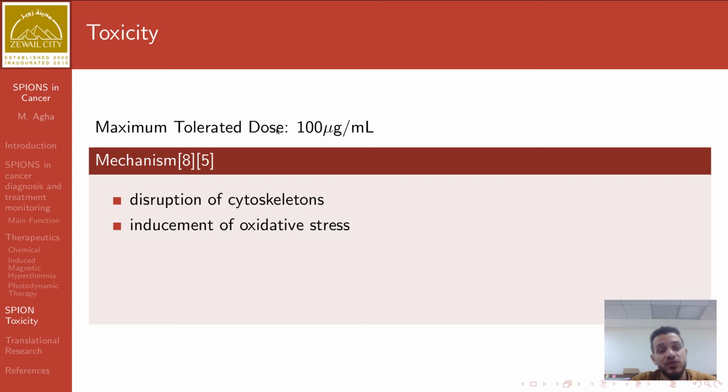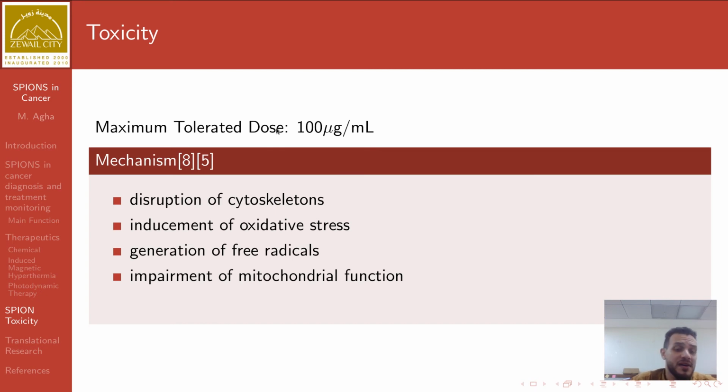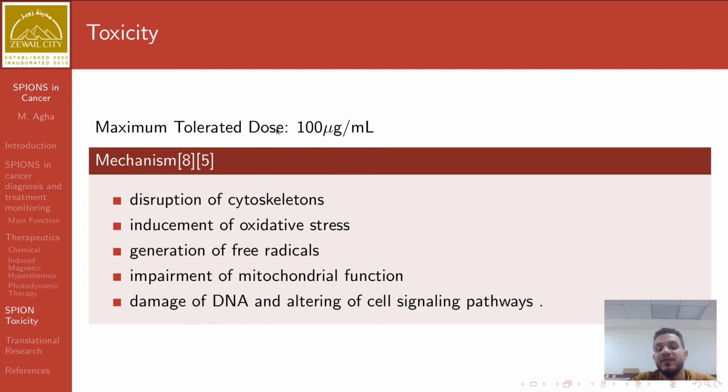They induce oxidative stress, they generate a lot of free radicals, and they impair mitochondrial function. They damage DNA and alter cell signaling pathways. So SPIONS actually can and will do a lot of damage if they exceed the tolerated dose that they are supposed to handle.